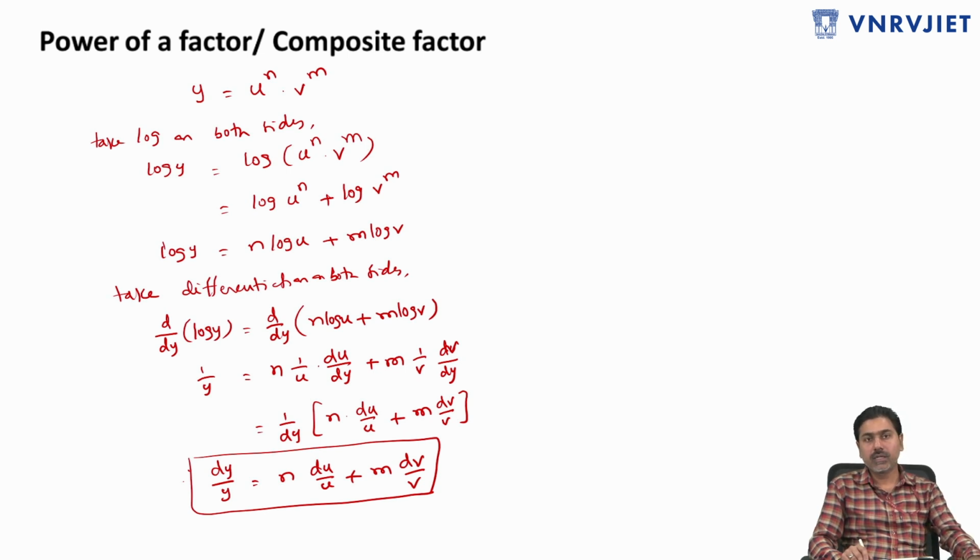This is about the error combination of measurements. To understand this power of a factor or composite factor, let us see one example which we commonly come across in electronic circuits, that is the calculation of power when you know the current passing through the resistor.